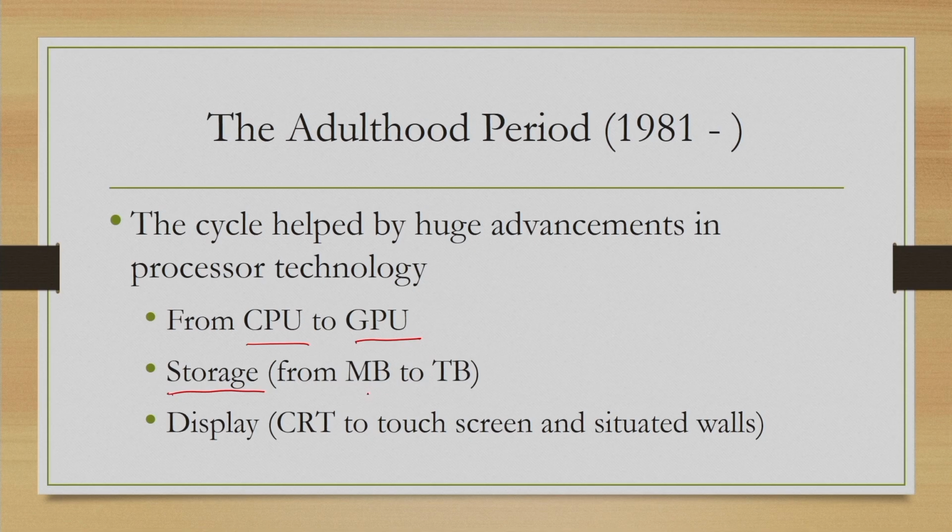So, now we are talking in terms of terabytes, petabytes instead of kilobytes or megabytes that used to be the case earlier. Similarly, display technology has seen a huge improvement from the earliest cathode ray tubes to modern day touch screens or situated walls or even better things. So, all these took place because of this self-sustaining cycle of development.